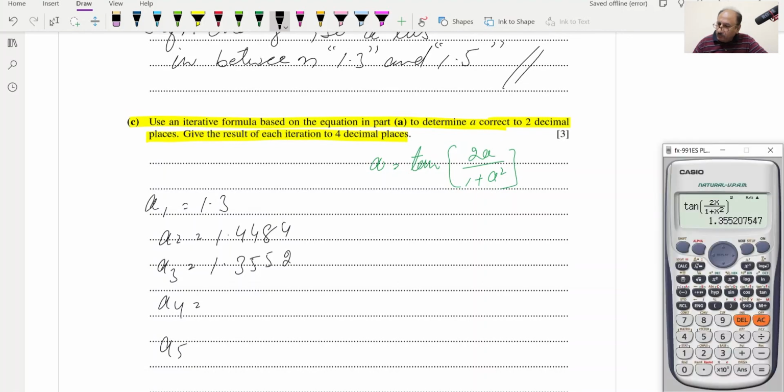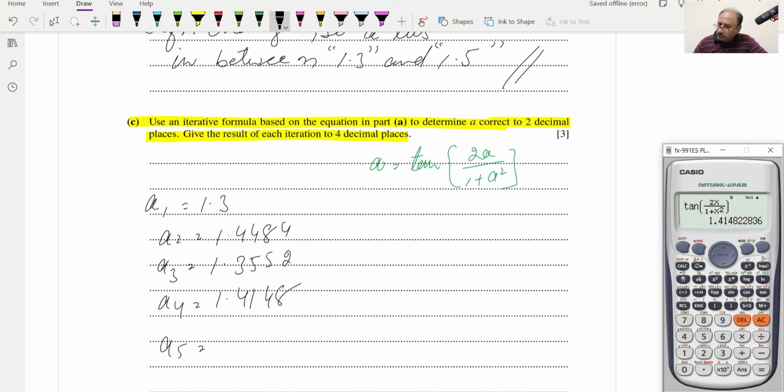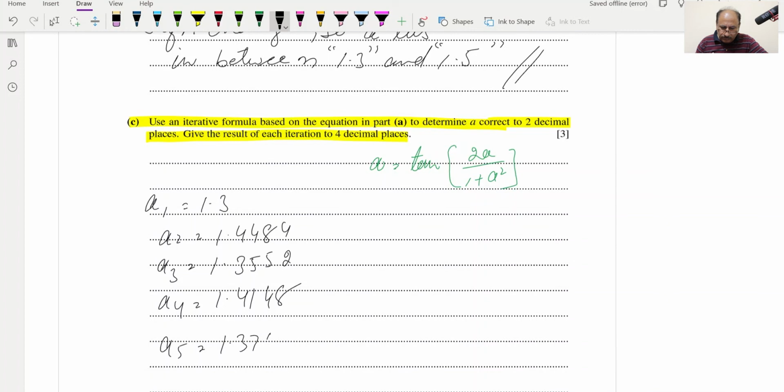So a4 will be calculated from the answer, and this will be equal to 1.4148. The next value gives us 1.3769.